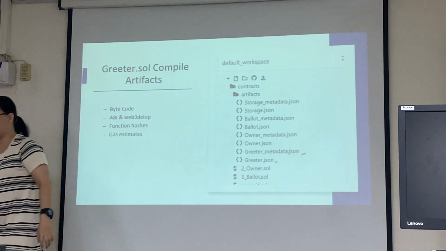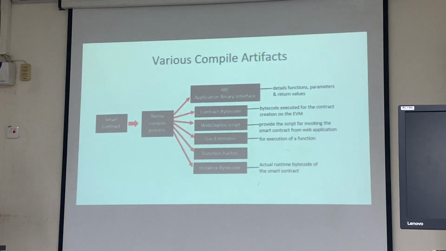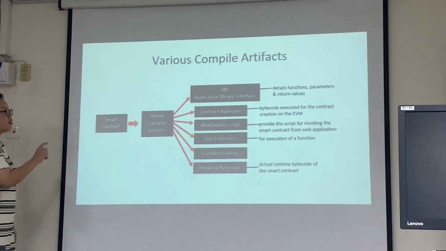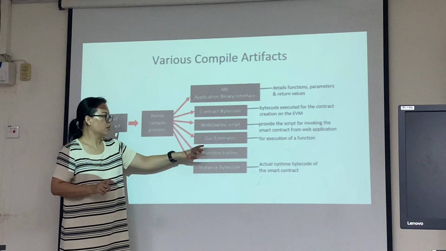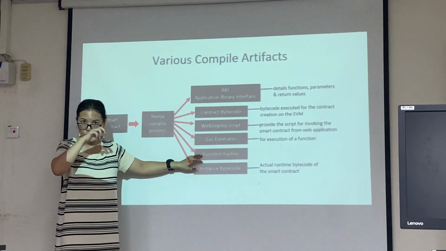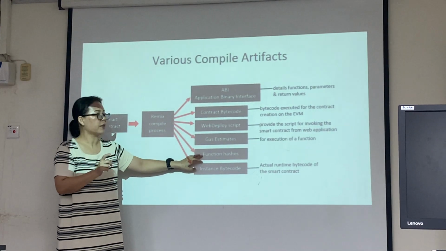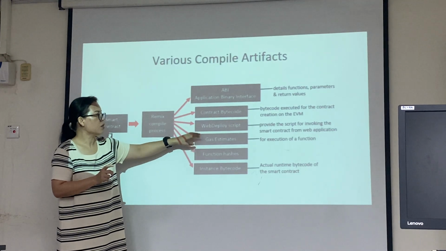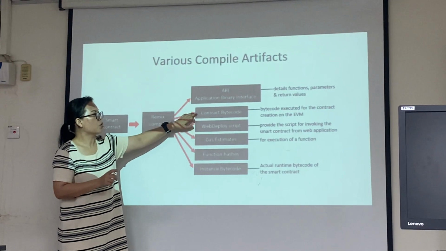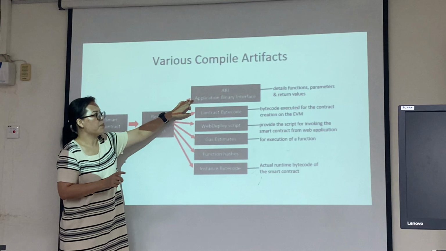From this artifact, they have a few things inside. They will tell you the function hash used in your smart contract, and then gas estimation, the web3 deploy JavaScript, contract bytecode, and ABI.